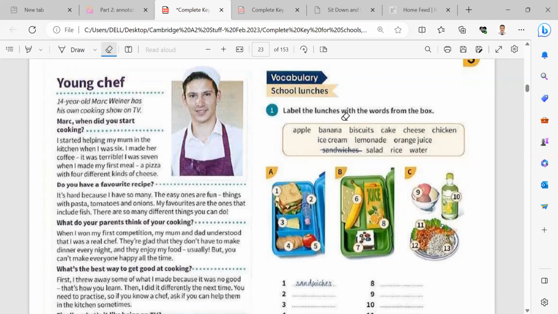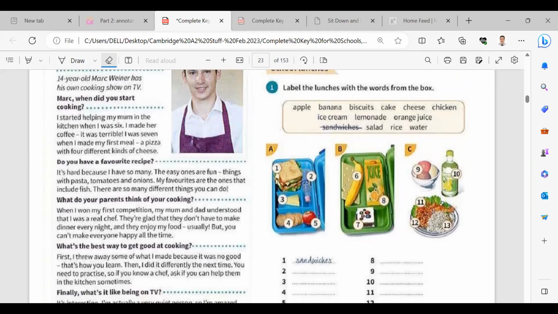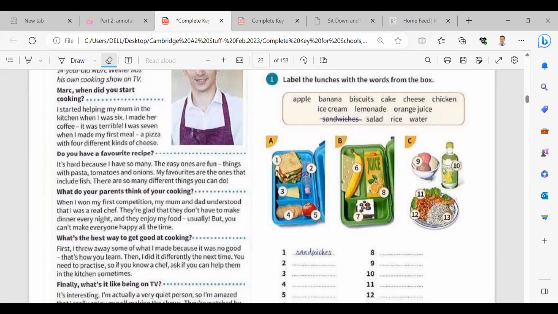Label the lunches with the words from the box. What's number 1? Number 1 is sandwich. Number 2? Number 2, bottle of water. Yes, here bottle of water, or you can say water. So this is 2. What's 3? 3 is cheese. Yes, cheese.